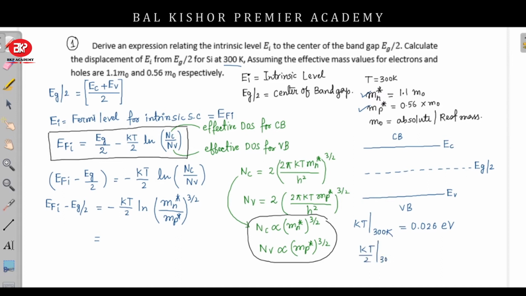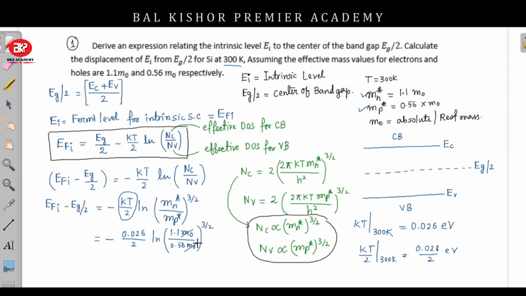At 300 K, it will be 0.026 divided by 2 electron volt. So in this equation, if I put the value of KT by 2, it will be 0.026 divided by 2, and ln, and यहाँ पे Mn star है, Mn star means 1.1 m0 divided by 0.56 m0, to the power 3 by 2.